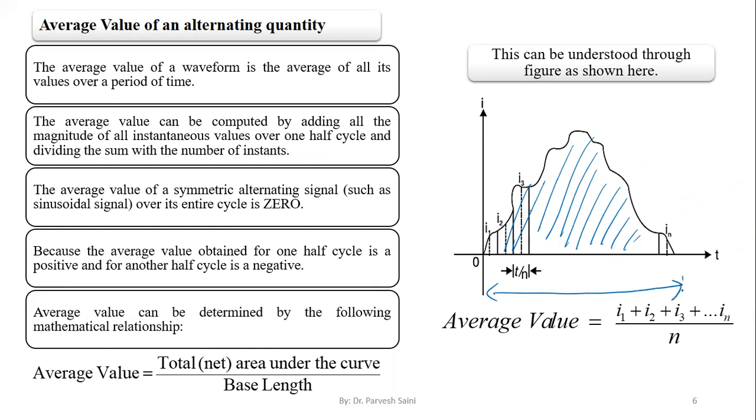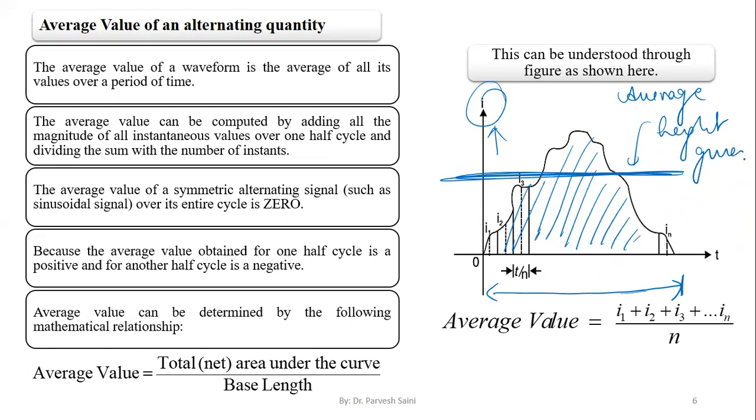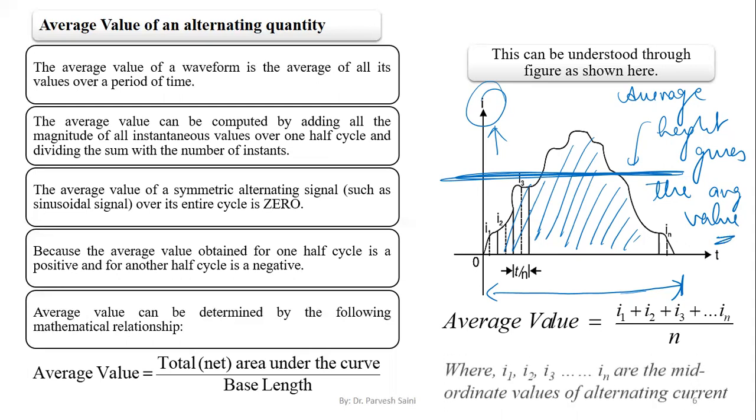Base length is the total duration for which this signal exists. So if we find the area divided by the base length, we find the average height of this particular curve. The average height gives the average value. This particular technique is more effective and efficient in comparison to the mid-ordinate way of determining the average value. Now let us go further.